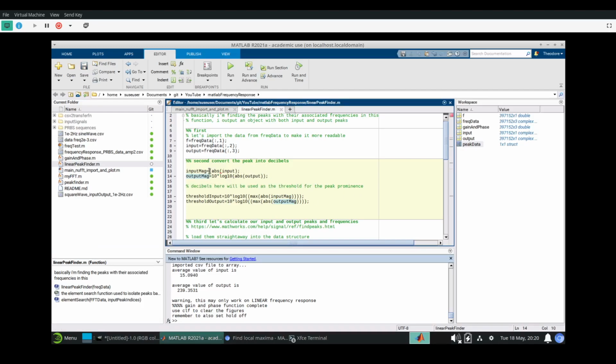I'm going to change all the output dB to output magnitude. I will not convert the peak to decibels. I'll find the magnitude of the peaks.